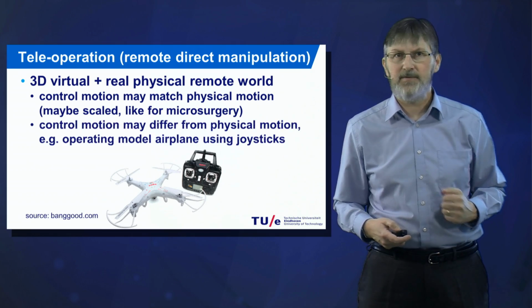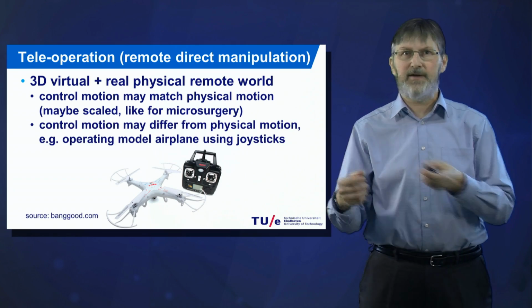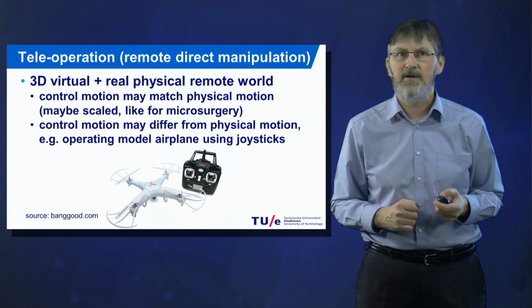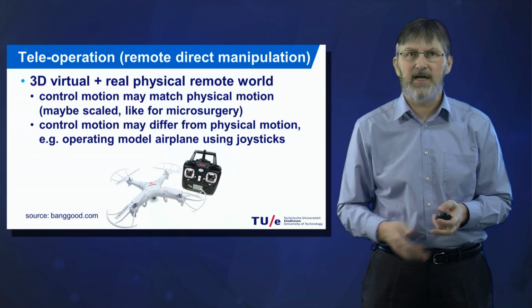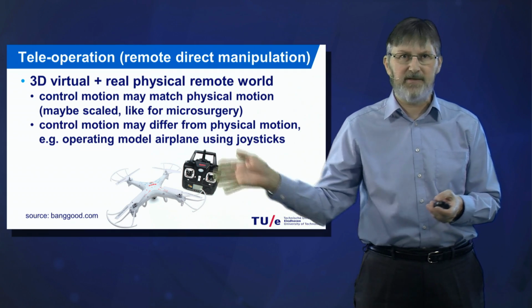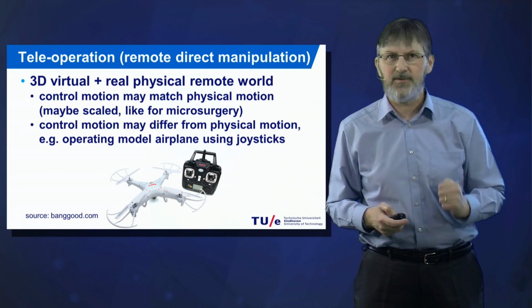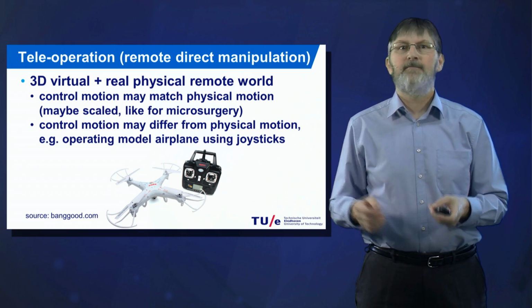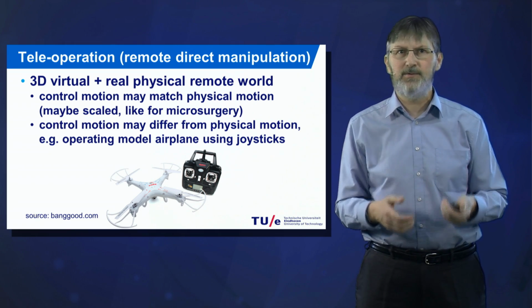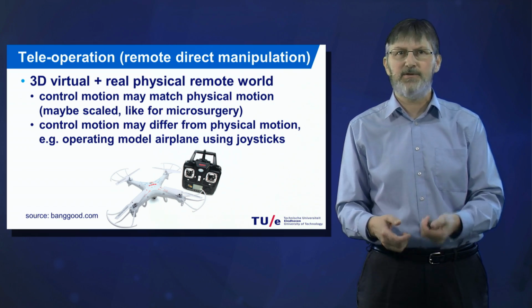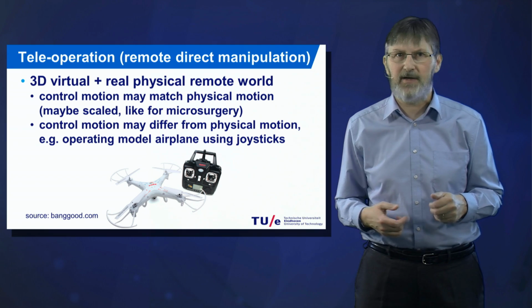Now, sometimes we don't have that and have very different physical motion and control motion. For instance, nowadays, a lot of people are playing with these quadcopters. It's fun, but it's also hard to do because the motion you have to do is very different from the actual physical motion of the quadcopter flying through the air.